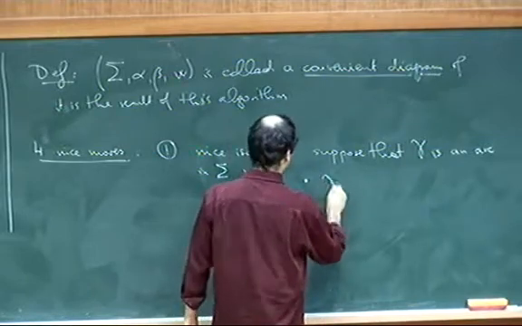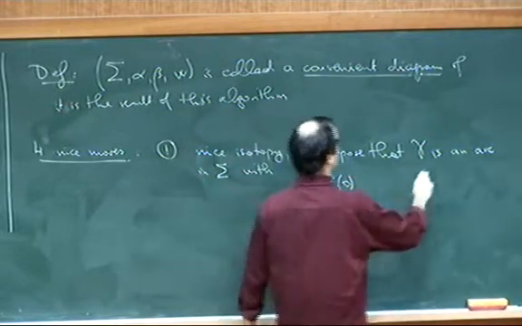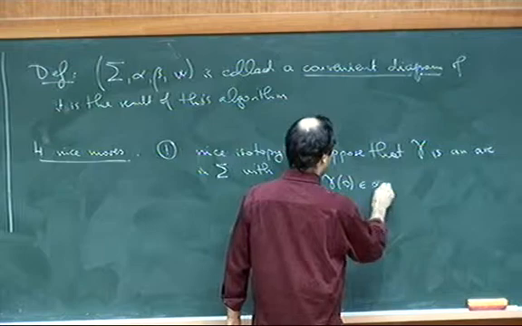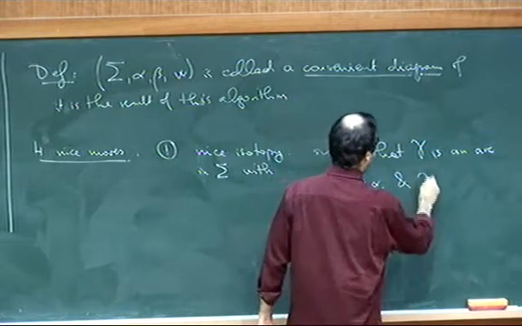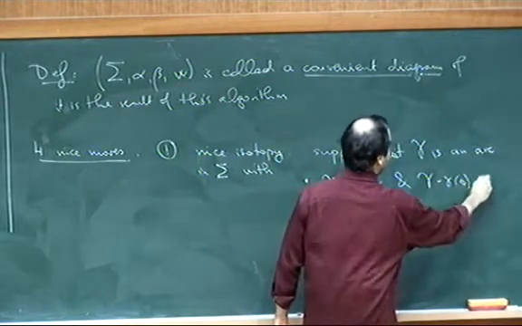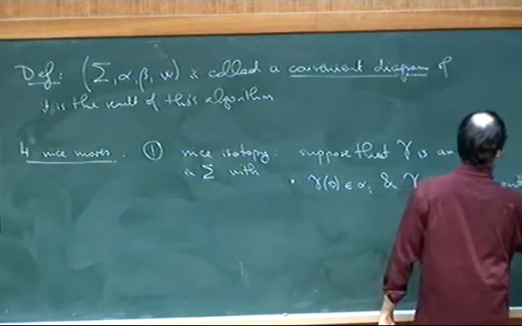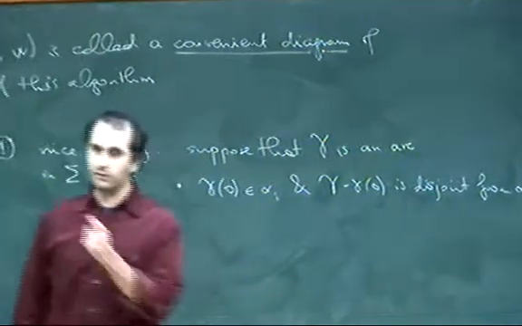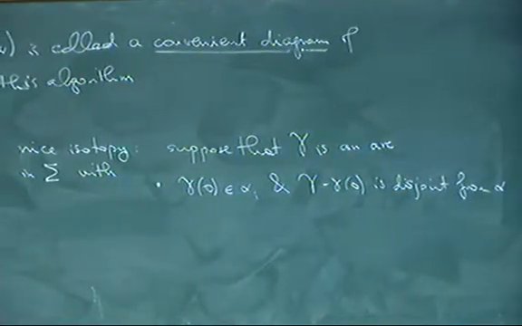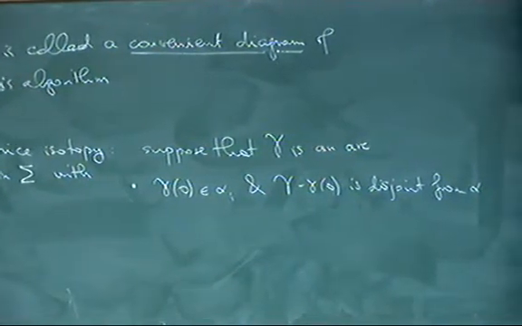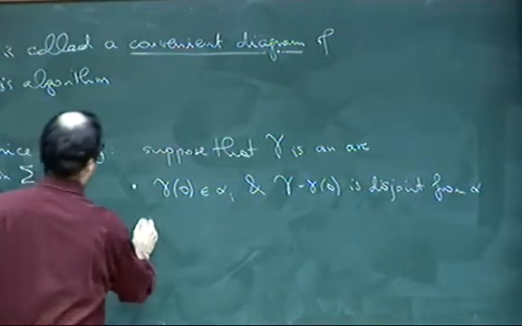Gamma naught is in some alpha i, and gamma minus gamma naught is disjoint from alpha. In other words, gamma starts on an alpha curve and then it becomes disjoint from the alpha curves.